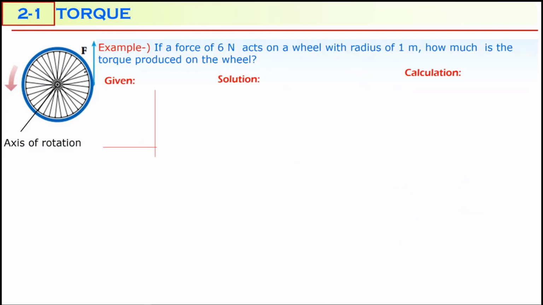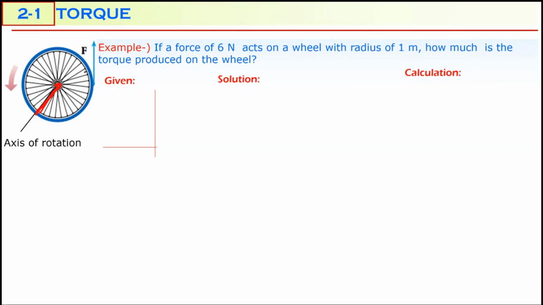Yes, now we will continue. We will start calculating the torque. A force of 6 Newtons acts on a wheel with a radius of 1 meter. So the radius of this wheel is 1 meter. This is the axis of rotation.